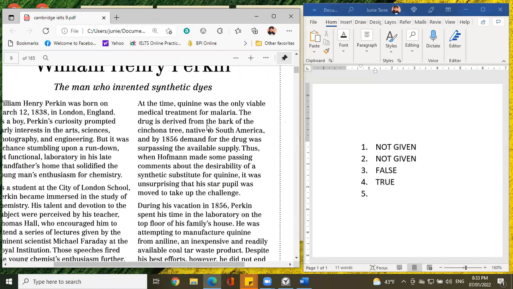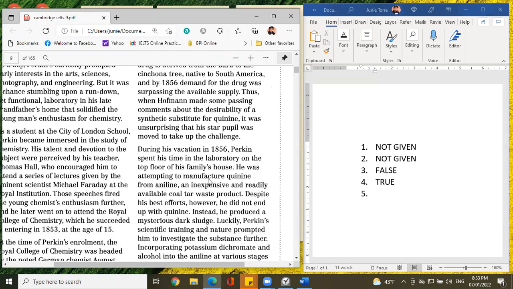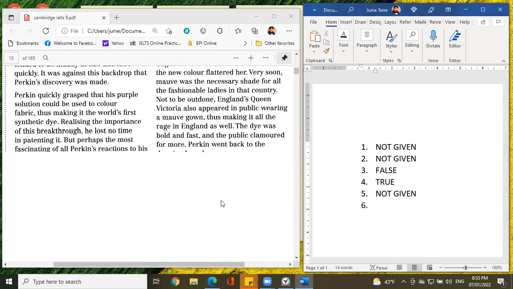The text says the drug is derived from the bark of the tree native to South America. There's no "only" written. So that is not given to me. Okay, and then number 6.